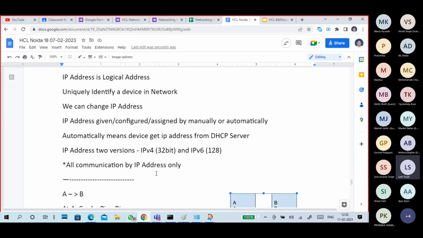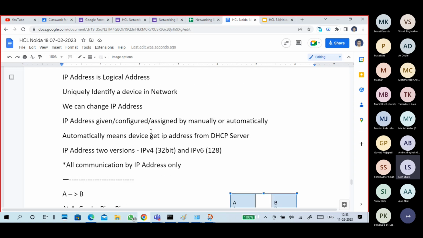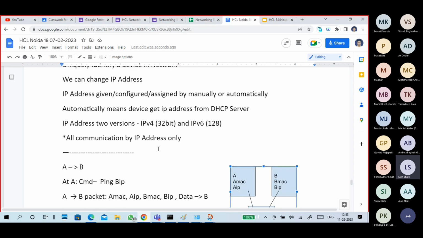But in the network, how will devices be identified uniquely? It's with the IP address. So we identify a device in the network with the IP address.